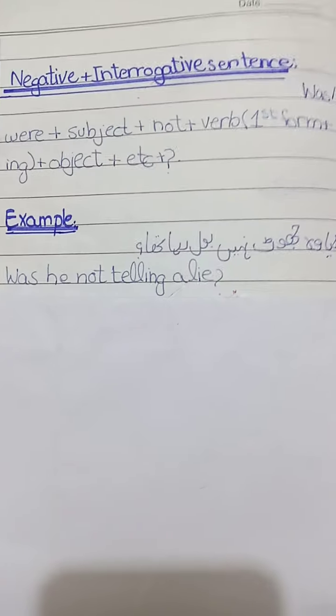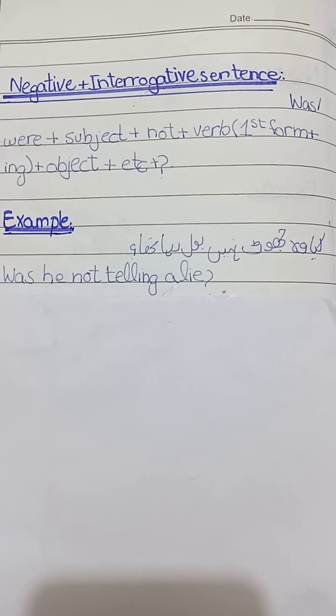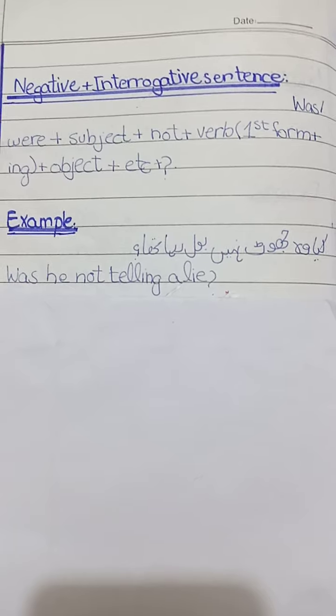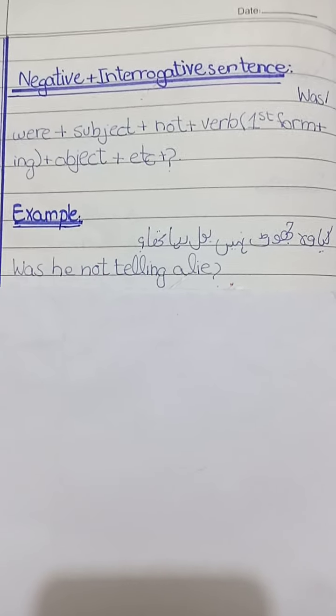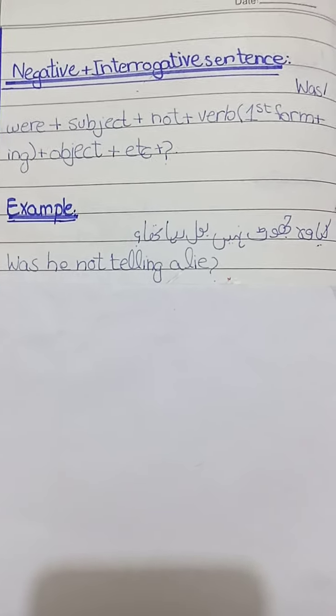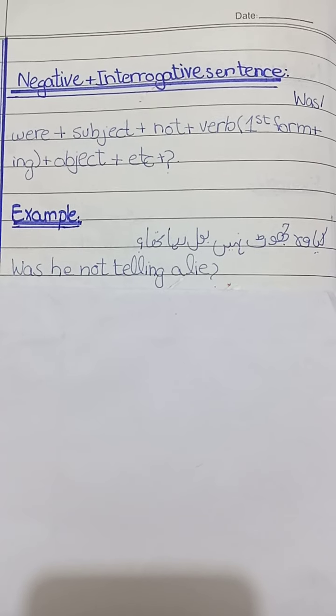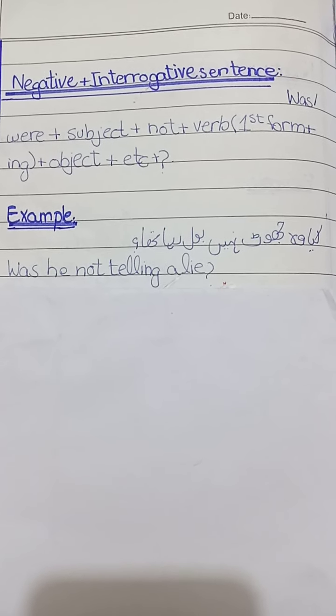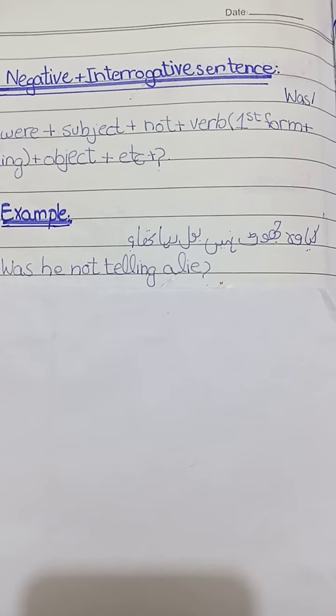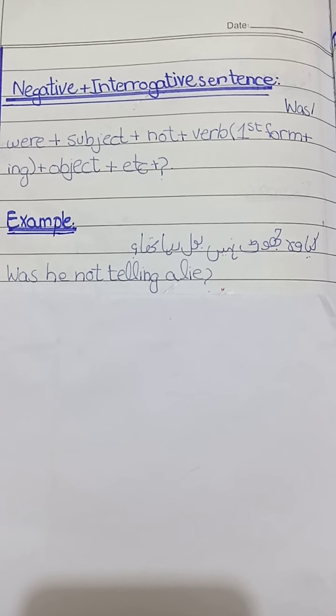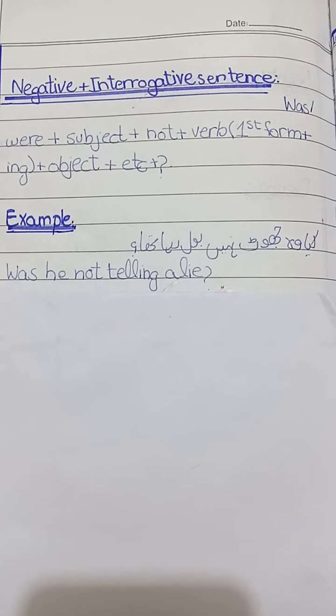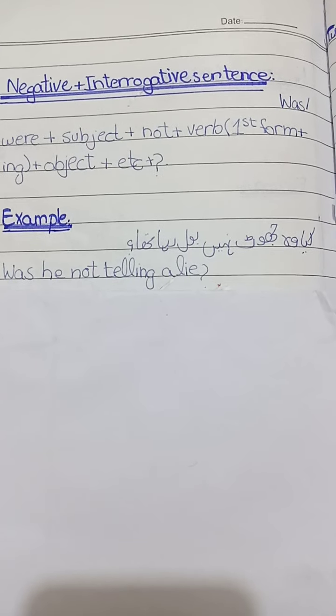Some sentences are of such kind that in which negative and interrogative both are used simultaneously. So when we have to translate those sentences in English, we definitely use the helping verb at the start of the sentence and not after the subject.